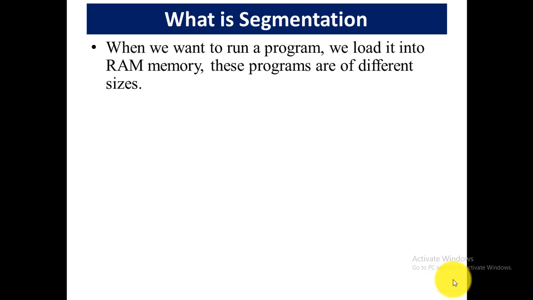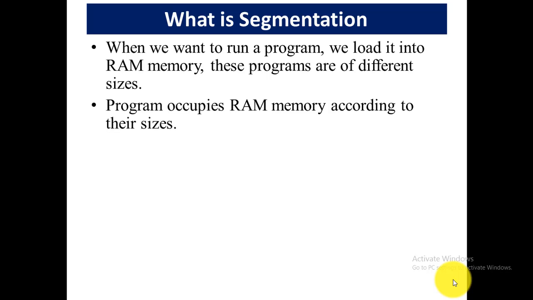When we want to run a program, we load it into RAM. These programs are of different sizes. We know that Microsoft Word has a different size, Excel has a different size, Photoshop has a different size. All these programs take different space in memory, so all programs vary in size. Programs occupy RAM according to their sizes.